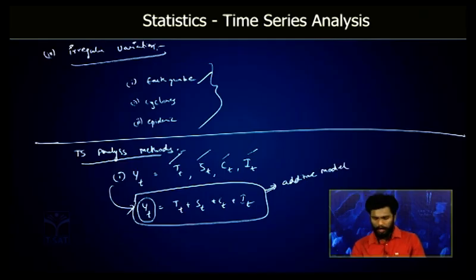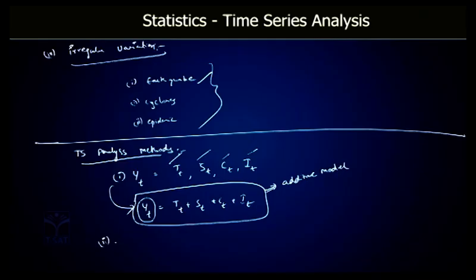Now there is a second model where each and every effect will be acting proportionally on the YT value. So at that time we write YT is equal to T into S into C into I. That is, each and every variation is affecting the YT value proportionally.